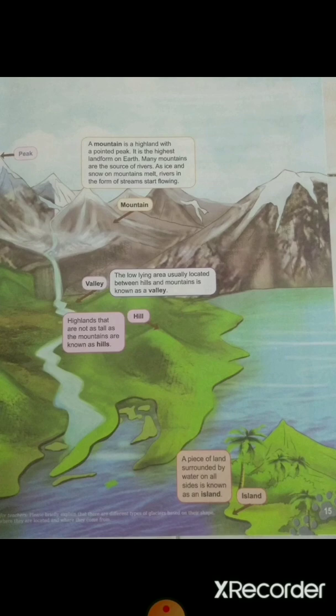Highlands that are not as tall as mountains are known as hills. The next is island. A piece of land surrounded by water on all sides is known as an island.